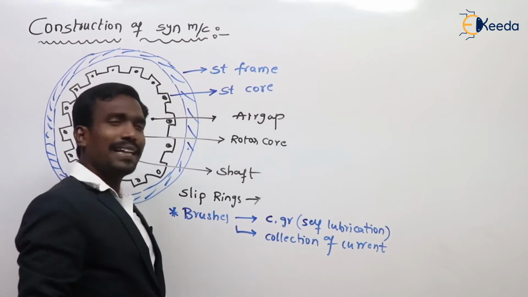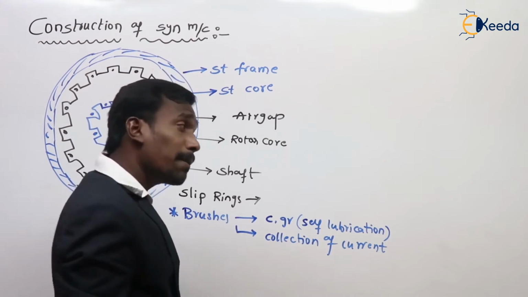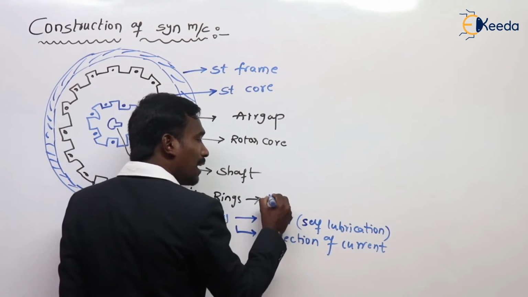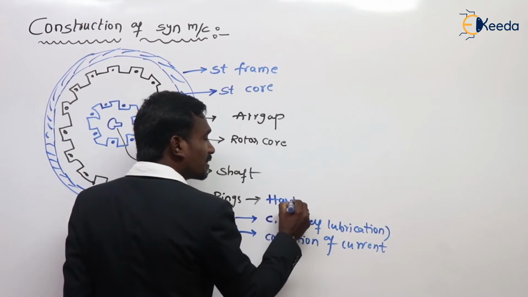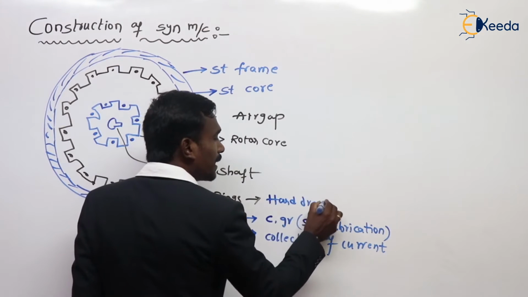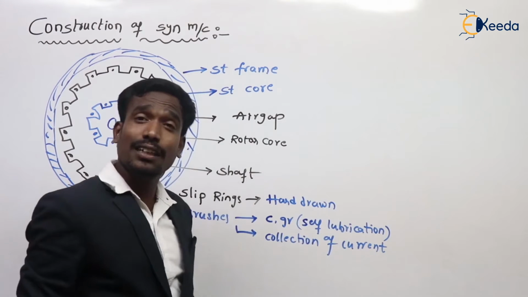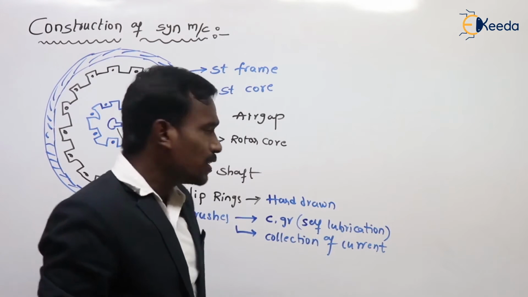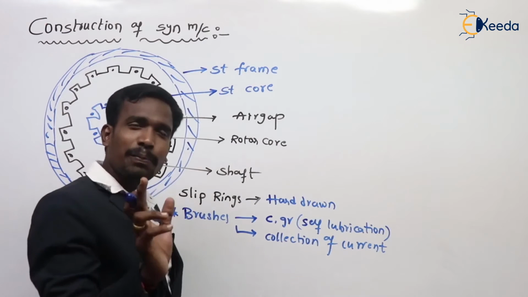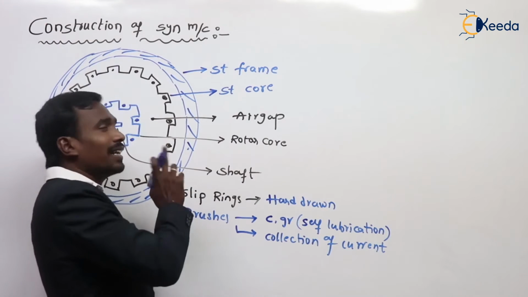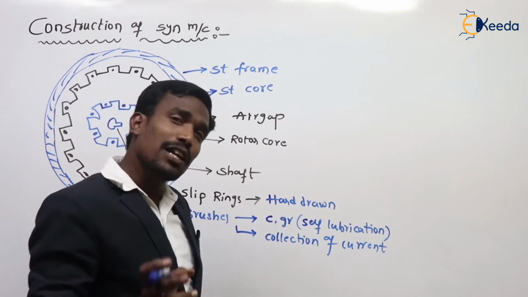What about slip rings, sir? Slip rings are made up of hard-drawn copper. Generally, this is the medium in between brushes and armature.